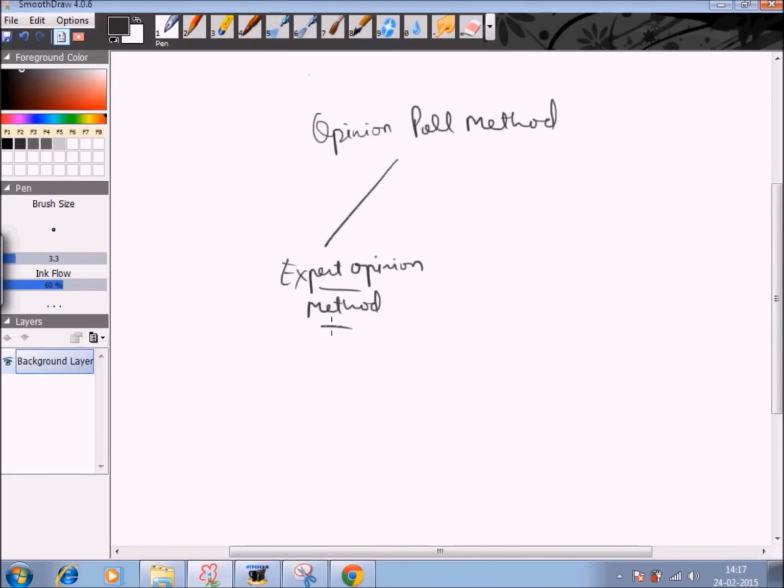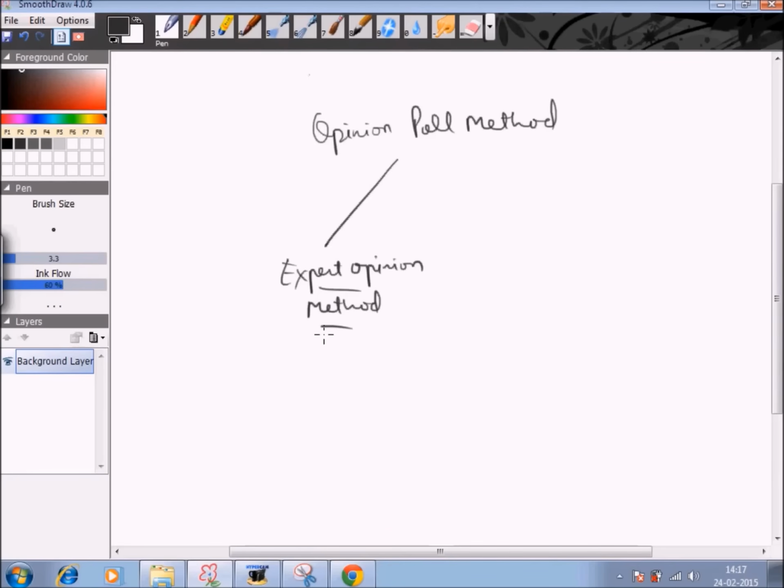What happens under the expert opinion method is that firms who have a good network of sales representatives and sales executives can forecast the demand of the product through the opinion of these people. The sales representatives who are in close touch with the consumers or users of goods are supposed to know the future purchase plans of their customers, their reactions to market changes, their response to the introduction of a new product, and the demand of competing products.